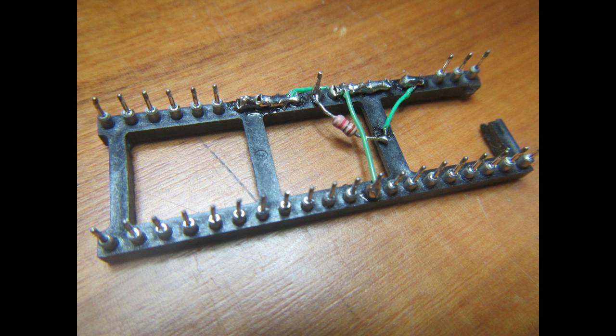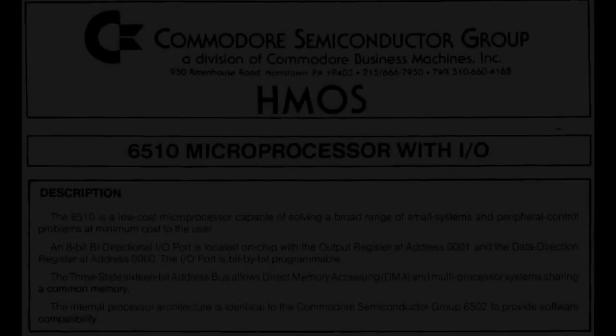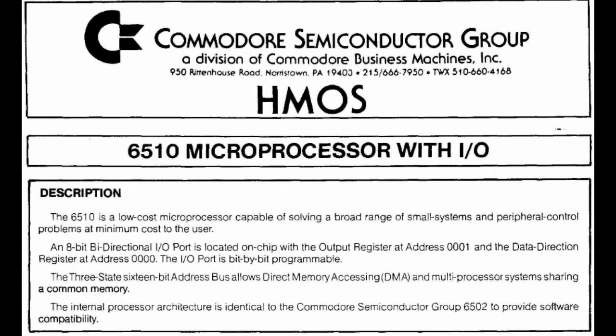But we cannot, for example, make a NOP generator for the 6510. And let's discover why. This is the first page of the 6510 microprocessor data book. What it says is, an 8-bit bidirectional I/O port is located on chip with the output register at address 0001 and the data direction register at address 0000.